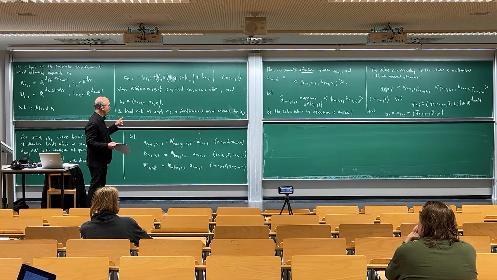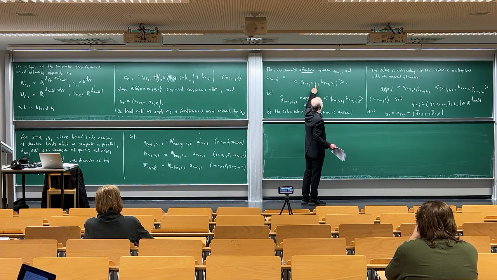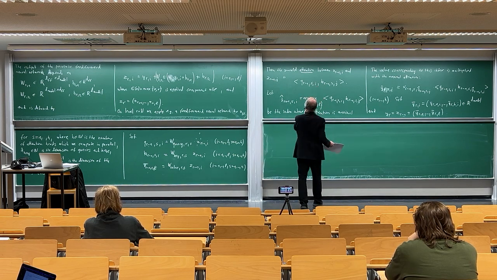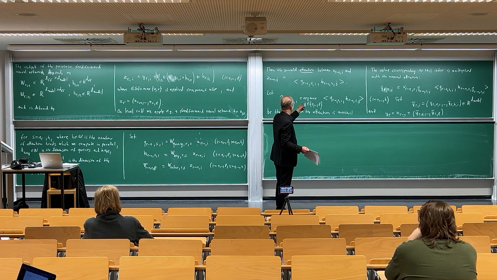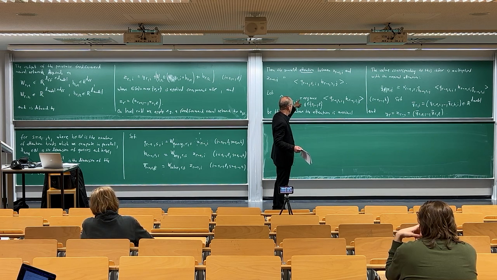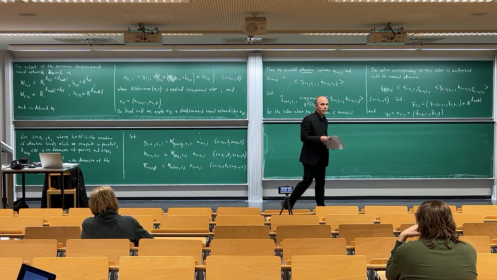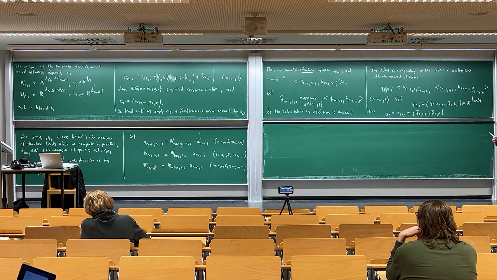But you also have to do it for each S and each i and each j. So you have an H times S squared times d squared here. So that's the most costly part, right?